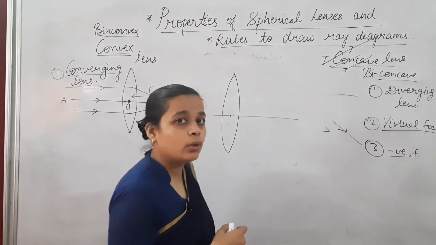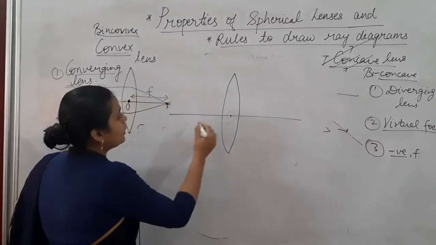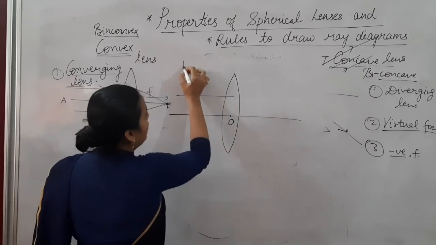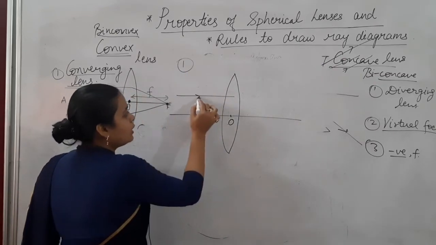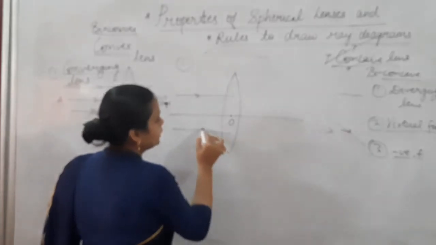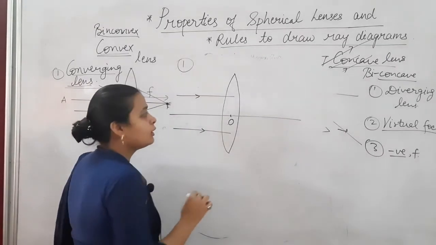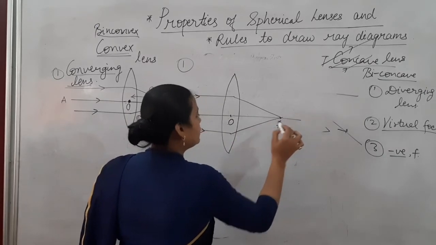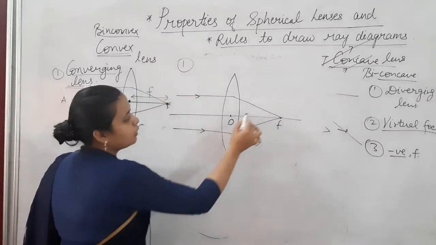Rule number 1 is that if any light ray parallel to the principal axis passes through this converging lens, convex lens, it is going to meet at one point, and that is focus. This is only the first rule I have told.